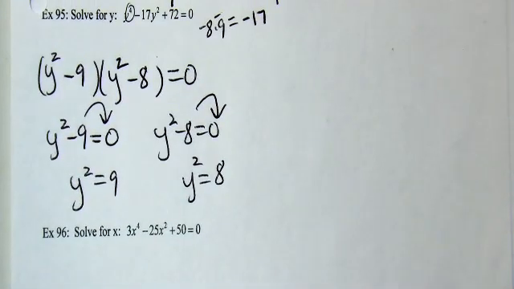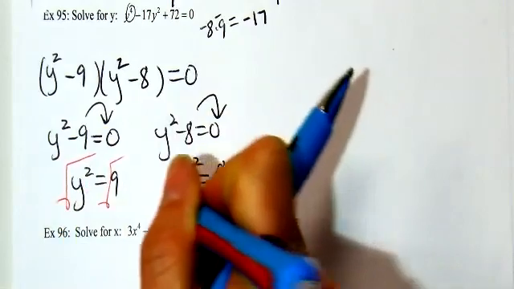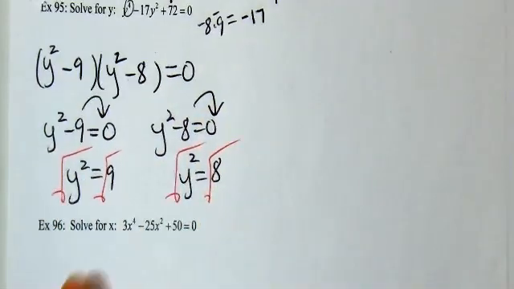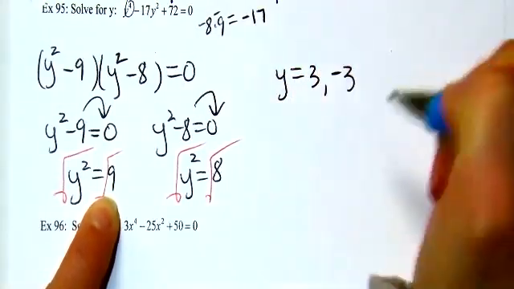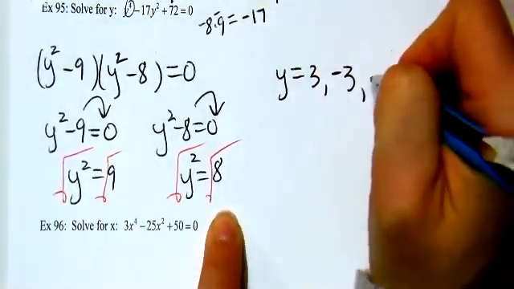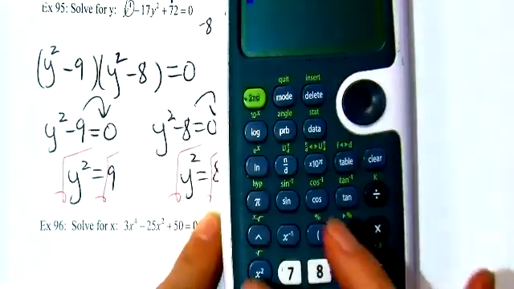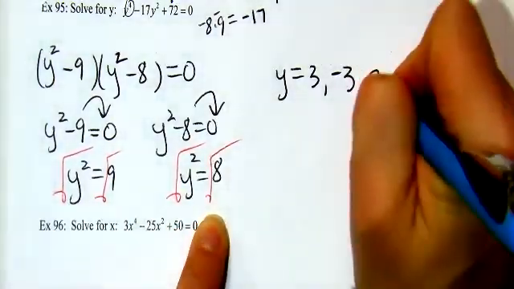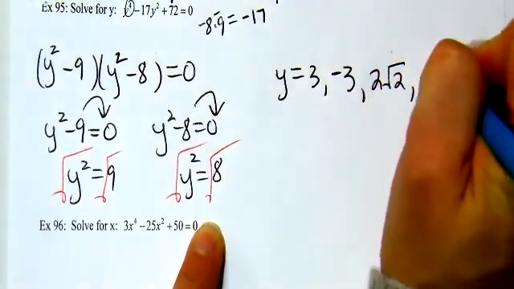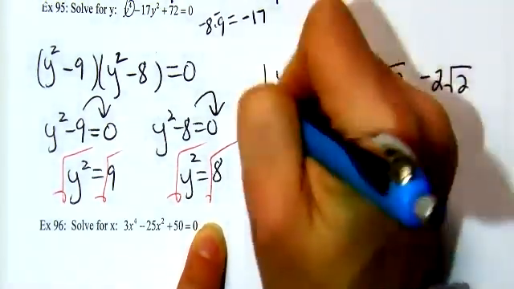Since that's not just y, like we had back in 10.1 when we were solving by factoring, we have one added step at the end and just take the square root property to get y by itself. So y would equal a positive 3 and a negative 3. And also y would equal, you can do that in your calculator, the square root of 8, maybe you've memorized it, is 2 square roots of 2. So we have a positive 2 square roots of 2 and a negative 2 square roots of 2.